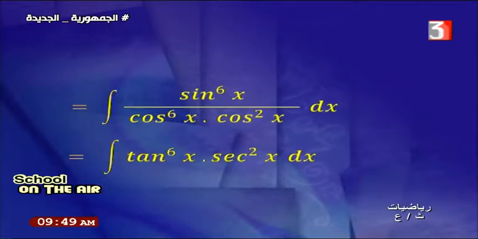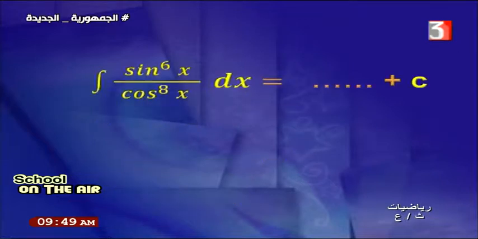The derivative of tan x equals sec^2 x. Then we add 1 to the power and divide by the new power. Then the integration equals 1/7 tan^7 x plus c.